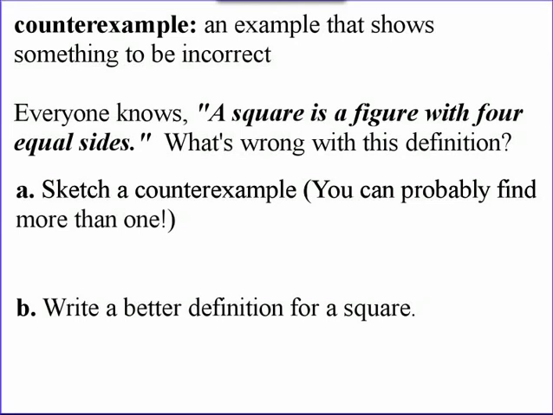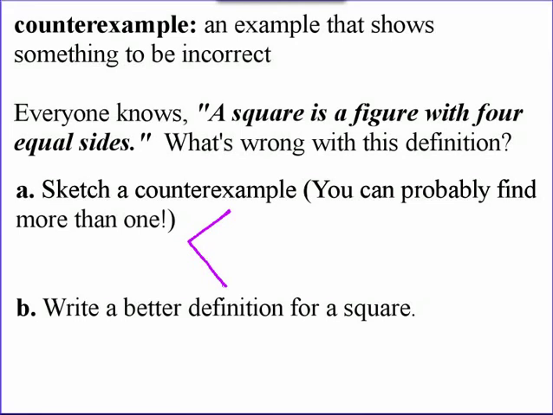Got one? Diamond. Okay, go ahead, write it up there. Because there's actually quite a few different ones. So we got a counterexample coming up here on the board. There you go, good. Oh, oops, I got it.